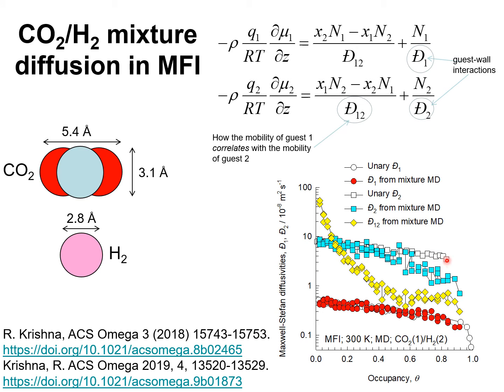The open symbols indicated by these square symbols here represent the unary diffusivity of hydrogen, also from molecular dynamics, and the open circles represent the Maxwell-Stefan diffusivity of CO2 in MFI zeolite, determined from unary MD simulations.